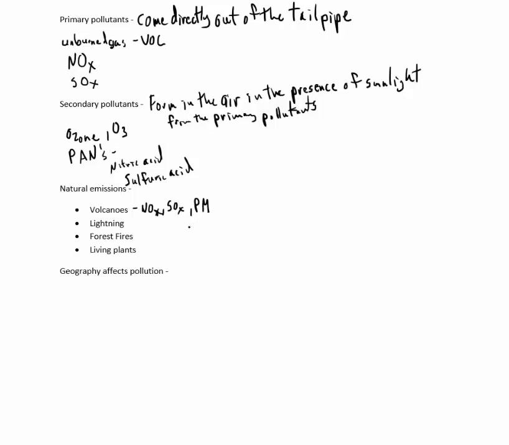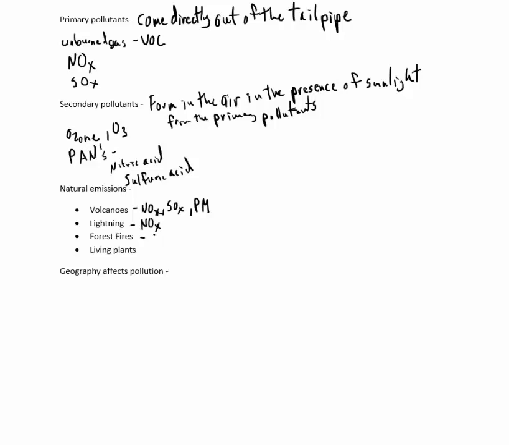So when a volcano erupts, that'll throw a lot of dirt in the form of microscopic particles or dust particles into the air. Lightning mainly produces NOx emissions because when a lightning bolt zaps through our atmosphere, it has enough energy to break the nitrogen or the N2 gas in our atmosphere into N, and then some of that will combine with the oxygen in our atmosphere to make NOx.